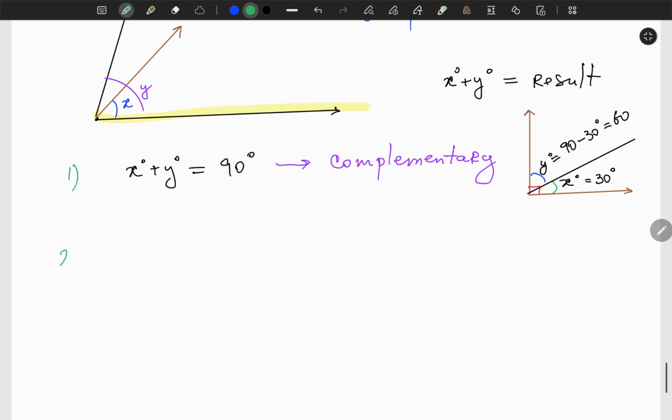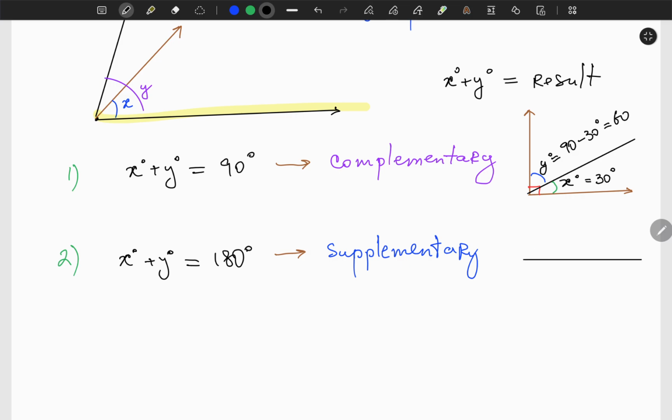Second, if two angles are added and we obtain 180 degrees, they are called supplementary. We know 180 degrees is a straight line.